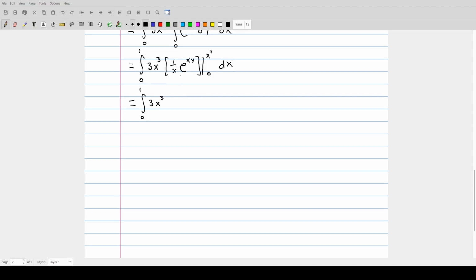And actually, x cubed over x is just x squared, so we'll simplify that right away. It becomes e to then we plug in x squared for y, we get x cubed, minus e to the x times 0, which is just e to the 0 or 1, dx.